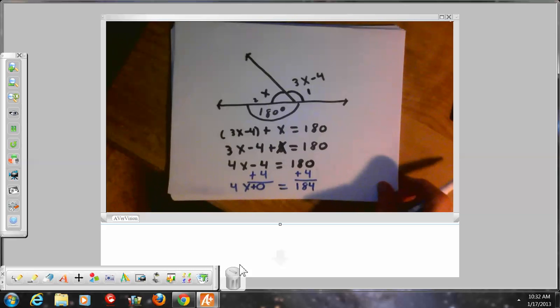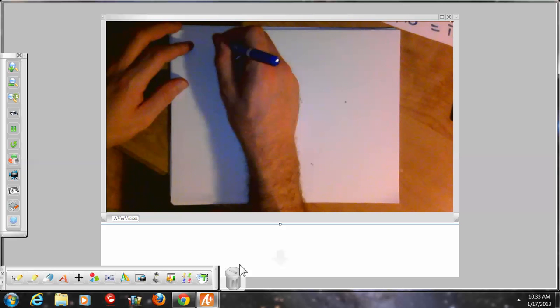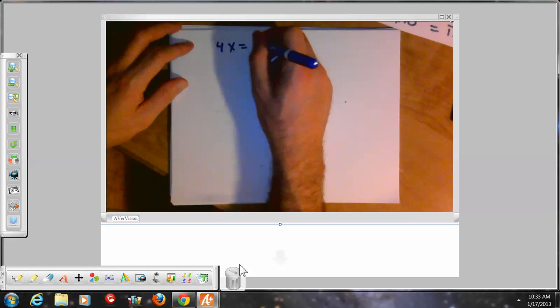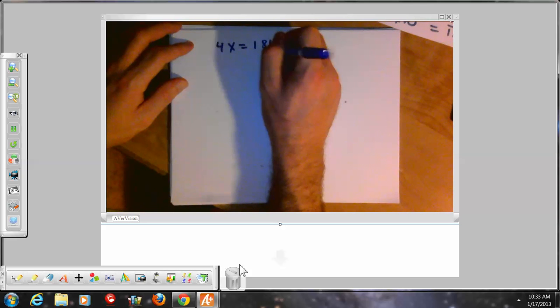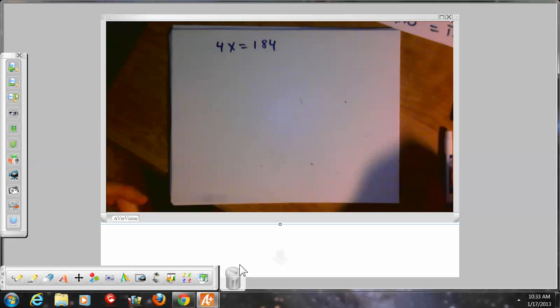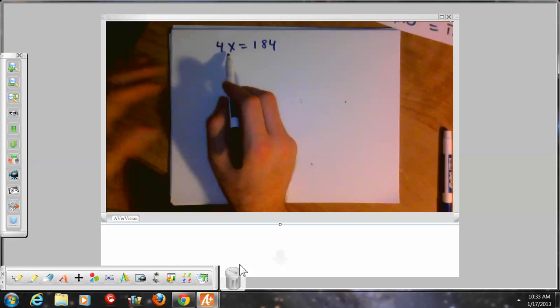So let's go into another sheet of paper. And we have over here, I'll just rewrite it, 4x is equal to 184. So now what we can do is we can just divide both sides by 4, because this means 4 times x, or x plus x plus x plus x, either way.